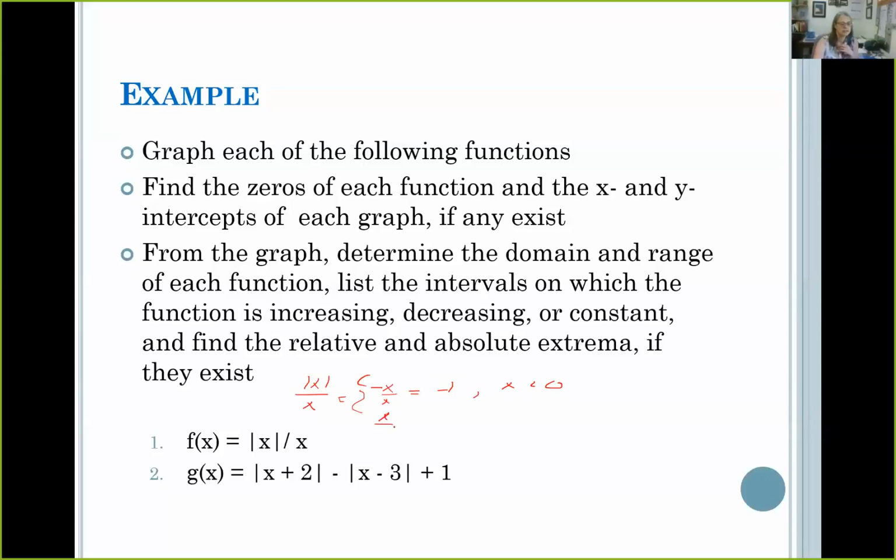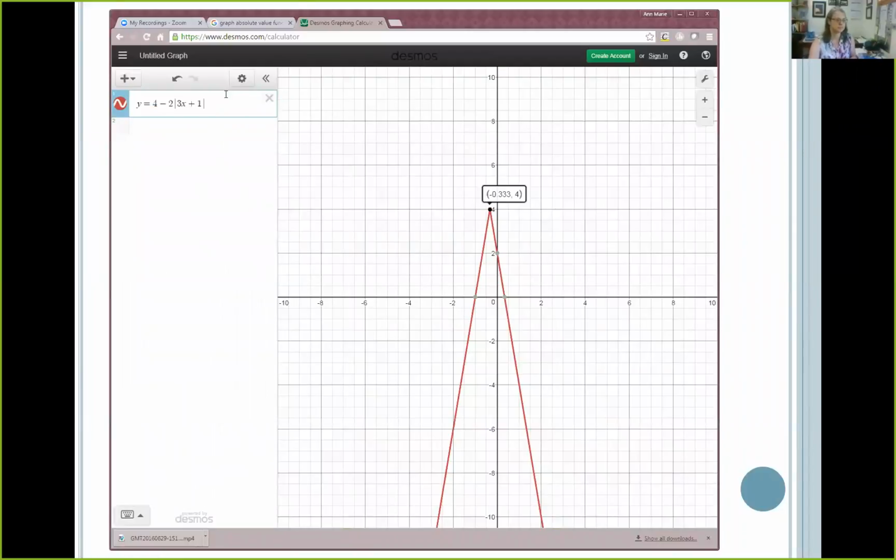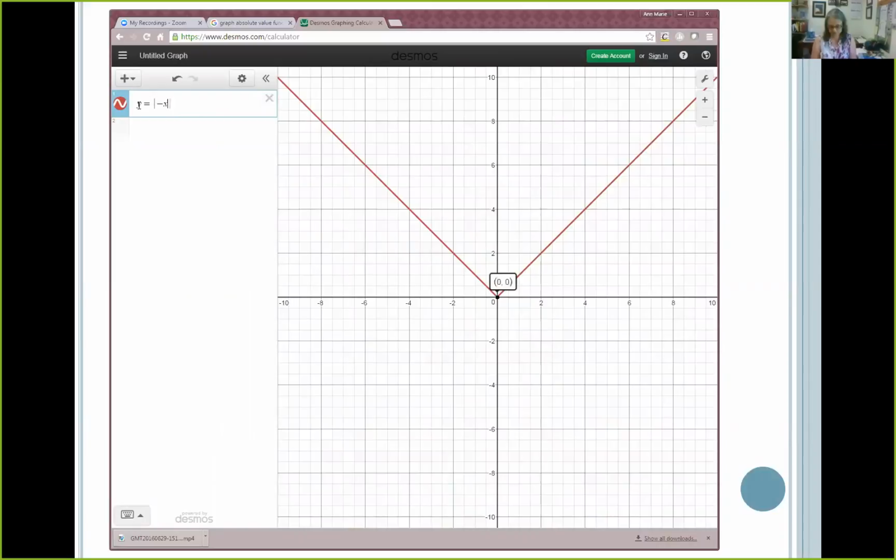Well, then it's just x over x, which is 1, if x is greater than or equal to 0. So what we are expecting to see when we graph this is two horizontal lines. Let's see. Sure enough, there they are.